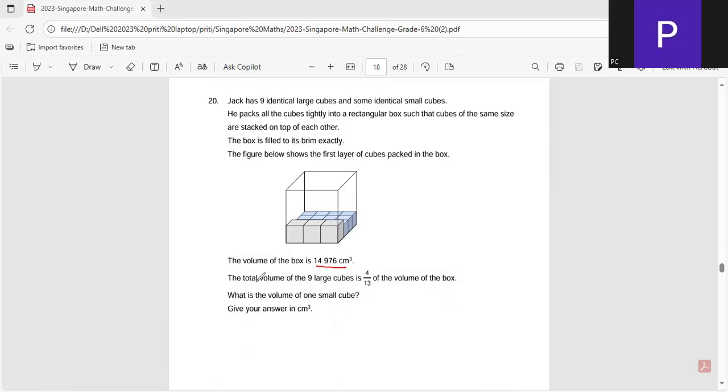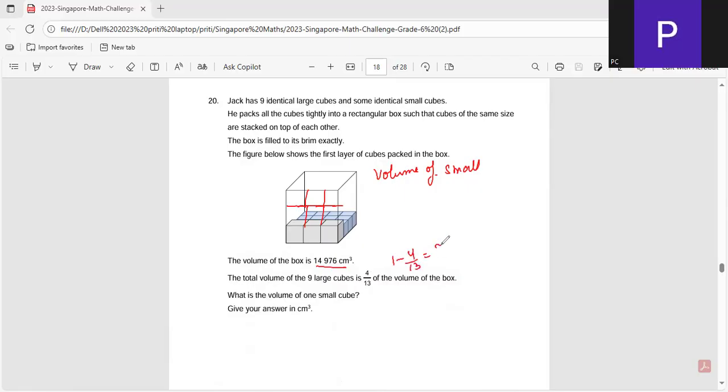Now, the total volume of the 9 large cubes. So suppose these are the 9 cubes that have been placed. The total volume is 4/13 of the volume of the box. So what is the volume of the small cubes that are there? So we do 1 minus 4 over 13.